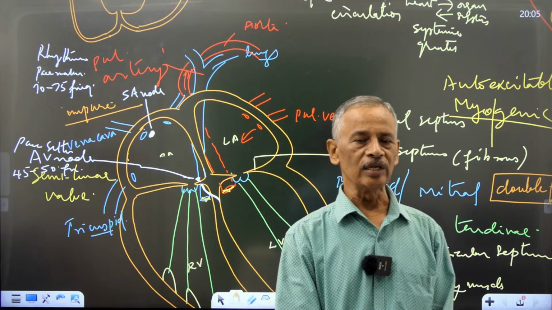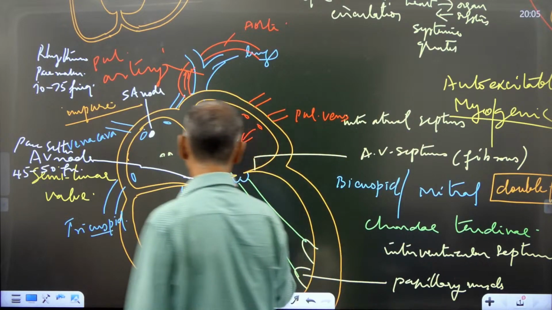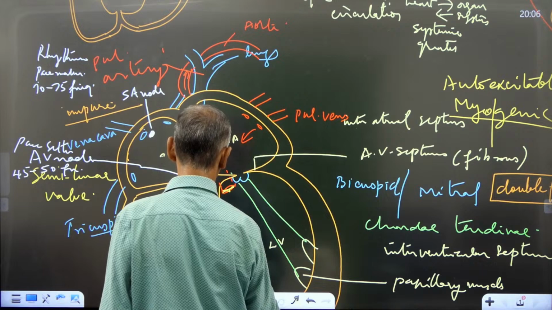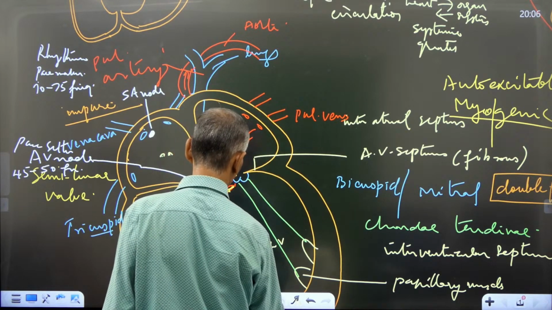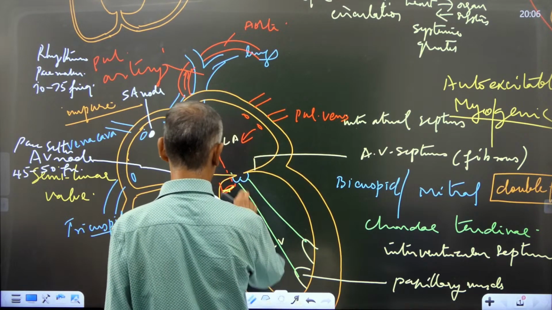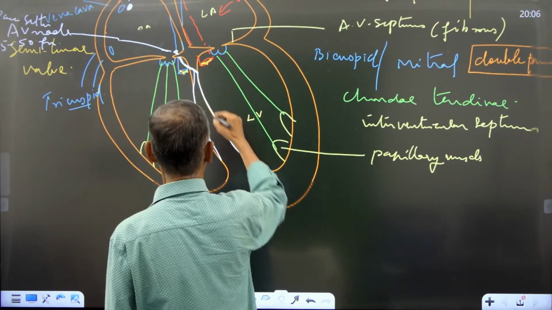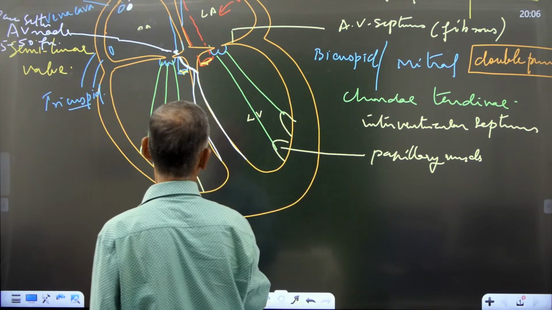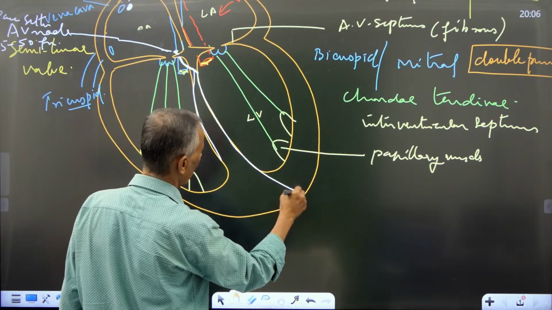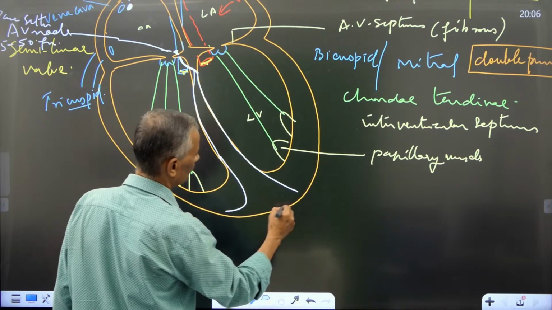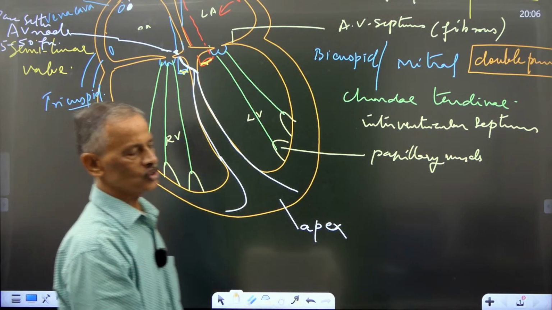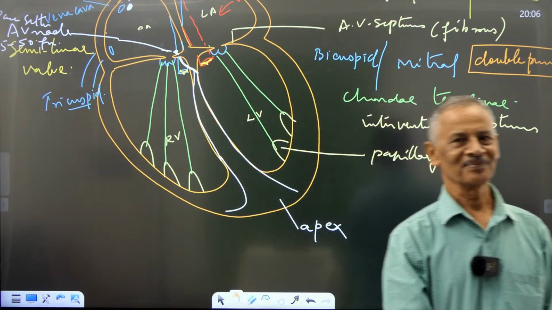After entering into the interventricular septum, it branches into two and runs through the anterior and posterior margins of the interventricular septum, they will be reaching the lowermost part. This part is called apex. ഹാർട്ടിന്റെ ലോവർമോസ്റ്റ് ടിപ്പാണ് അപ്പെക്സ്.